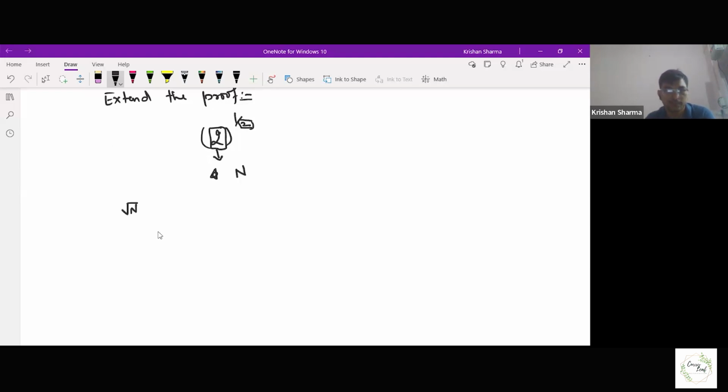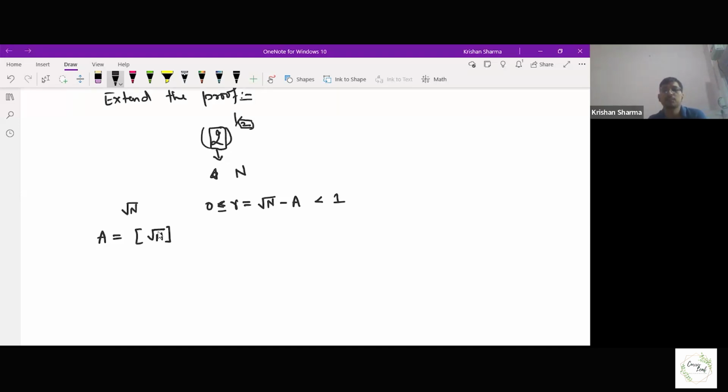So firstly, we will assign a as the greatest integer value of this square root of n, and we consider the number square root of n minus a. Okay, a is the greatest integer of square root of n, and we consider our r equal to square root of n minus a. Now, this value is less than 1 and greater than or equal to 0.